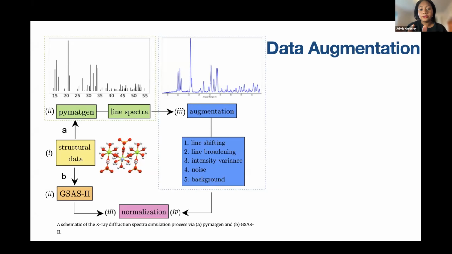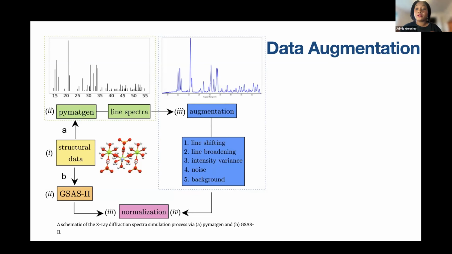So that included broadening the peaks. From the line spectra on the left, you could see just lines, which is not very experimental. That's not how the diffractometer picks it up. But then we want to implement these various sample effects. So we shift the lines a bit to simulate real data, broaden the peaks, and vary the intensities, which is related to something called preferred orientation, a sample effect.